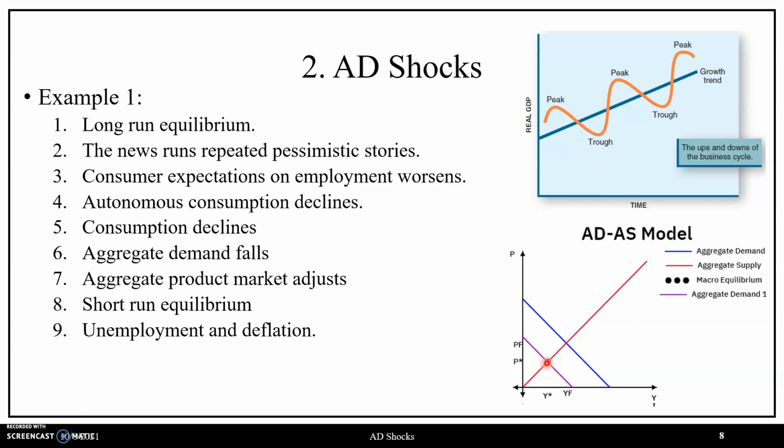We can think about this shift from AD to AD1 and movement along the AD1 curve in terms of going from the intersection between our growth trend and the cyclical component of real GDP, through the contractionary period down towards the trough. The intersection of AD1 and aggregate supply, this new short-run equilibrium, we can think of as the trough of the contraction we're experiencing.